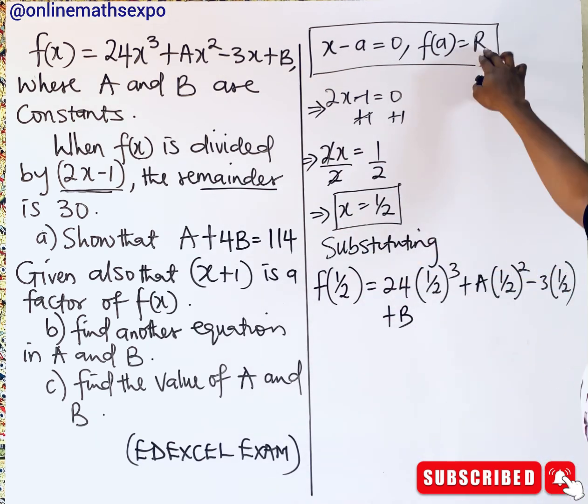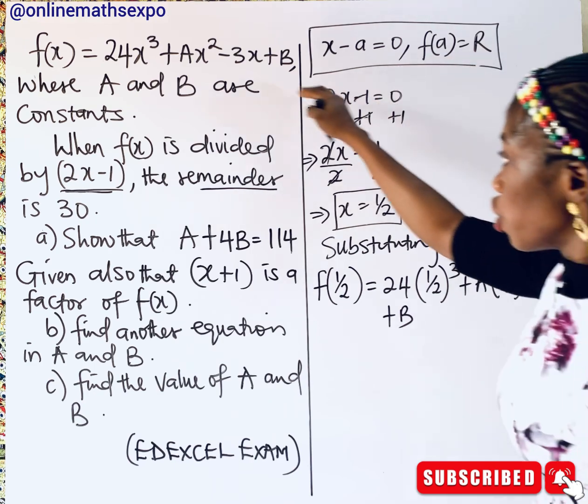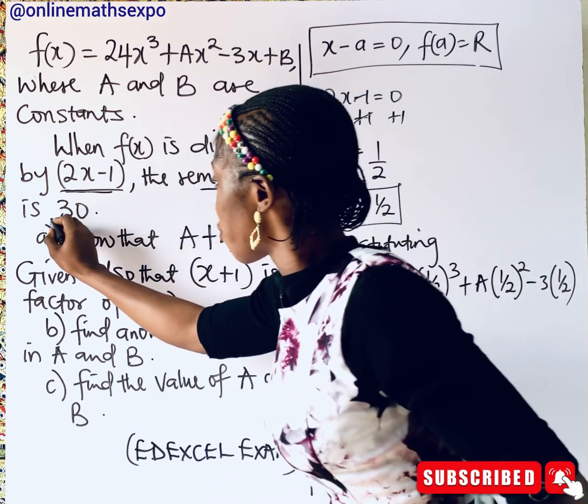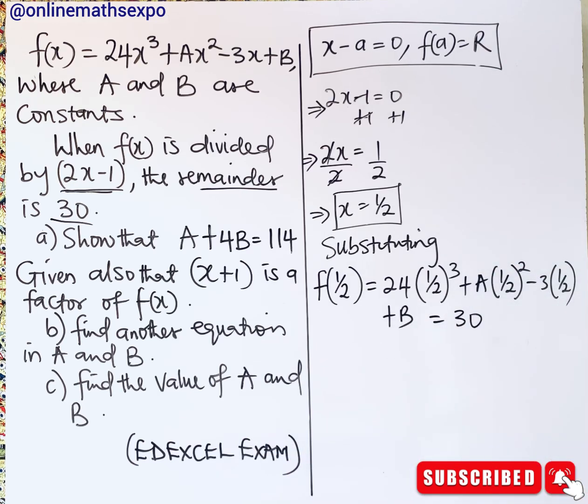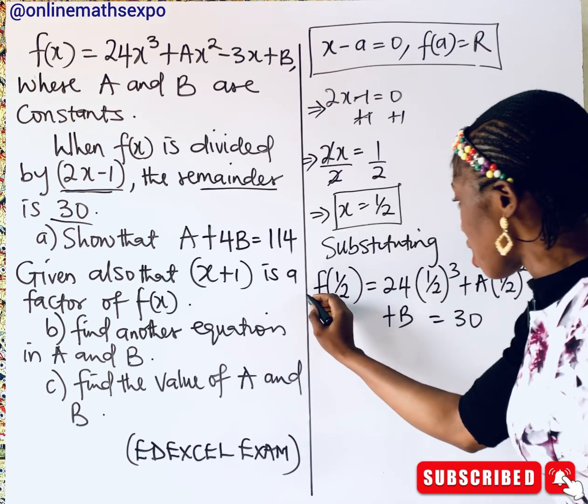And when you are done substituting, according to your remainder theorem, it should be equal to the remainder. And the remainder from the question is 30, so this should be equal to 30. I hope this is clear. Now let's keep working it out.